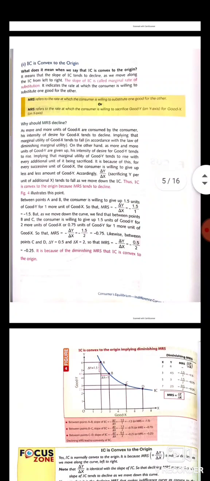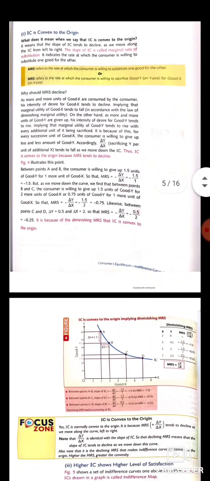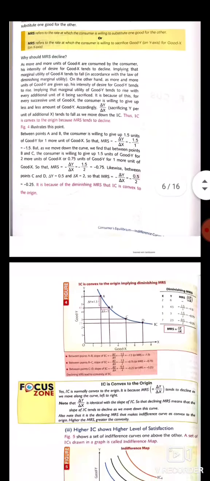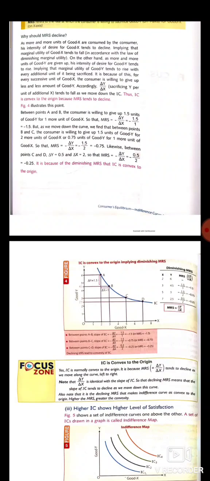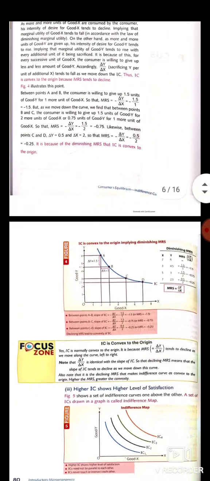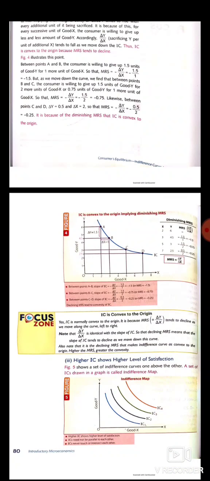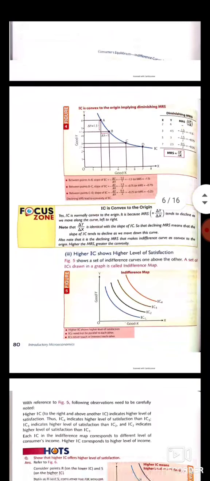On the other hand, as more and more units of a commodity are sacrificed, his intensity of desire for that commodity will increase. So the marginal utility of that commodity tends to rise with every additional unit being sacrificed. So due to the application of the marginal rate of substitution, the IC curve will always be convex to the point of origin. It will never be concave to the point of origin.